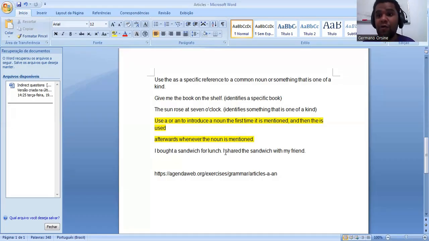But after that, we already have some information. The word sandwich has already been mentioned. After that, we can start using the definite article the, because we are talking about this sandwich that has already been mentioned before. So for the first time we mention it, we use a, and after that, we use the, because it has already been mentioned before.